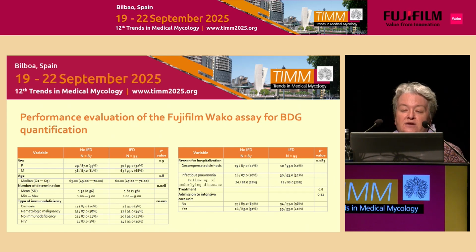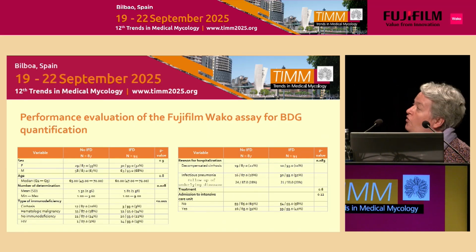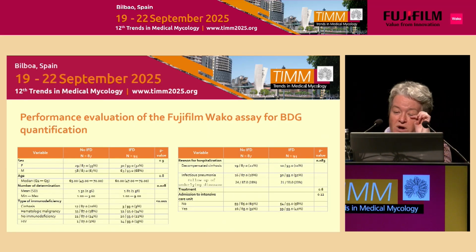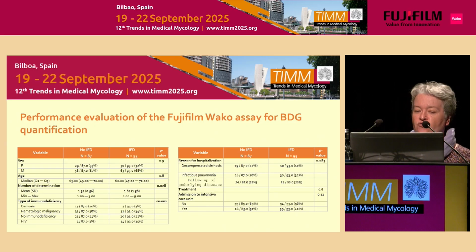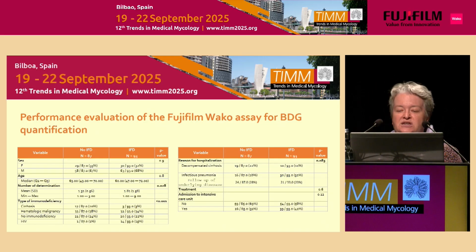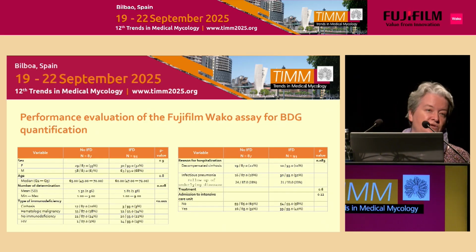We identify several distinguishing features. The number of BDG tests was higher in the IFI group, with nearly two tests per patient. The type of immunosuppression differs. Patients with false positive were more often cirrhotic, while those with IFI were more frequently living with HIV.